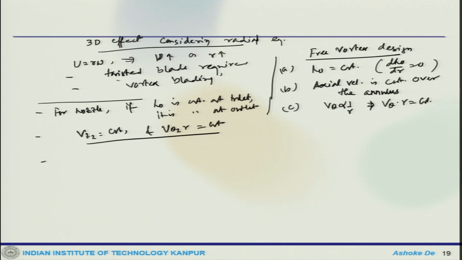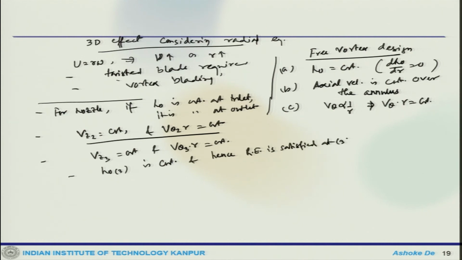Similarly, if rotor blades are designed in such a way that Vz3 is constant and V theta 3 into r is constant, then it also satisfies the radial equilibrium theory. So, it can be shown that H naught 3 is also constant, and hence radial equilibrium is satisfied at 3. Okay.